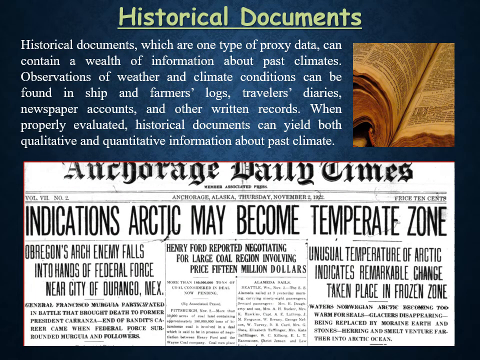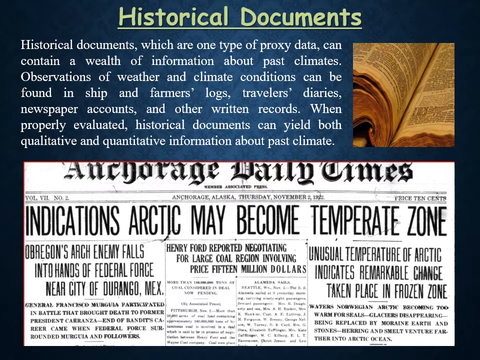Now coming to the different types of proxies one by one. So apart from going to the geological records preserved in different forms in the rock, people first go for some historical documents to know about the past climates.